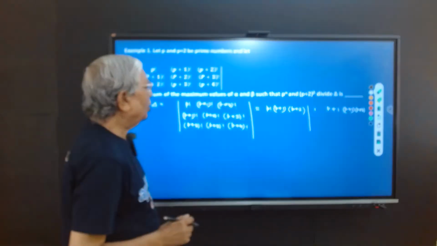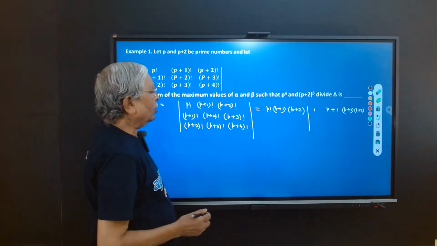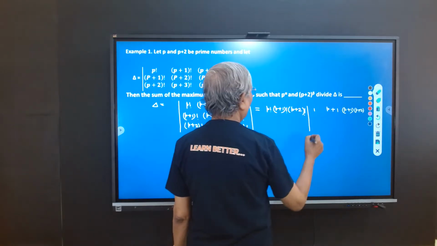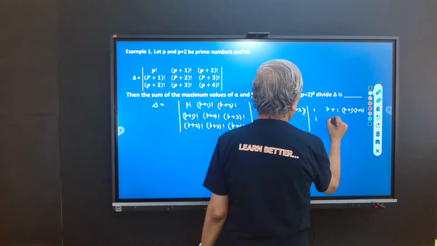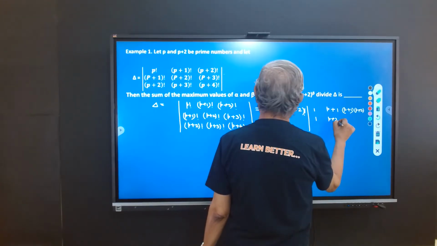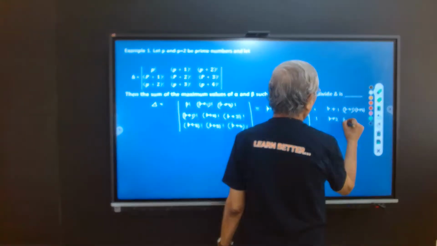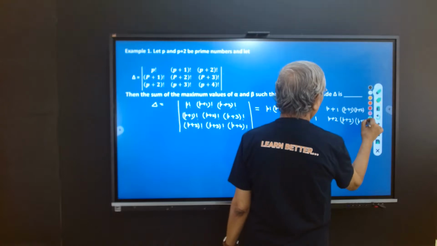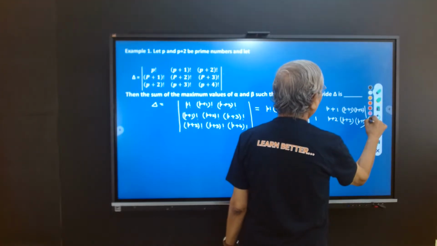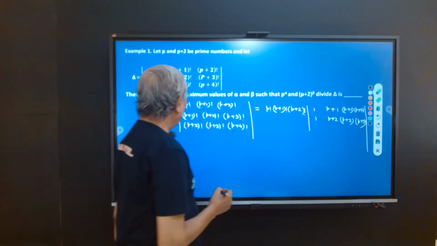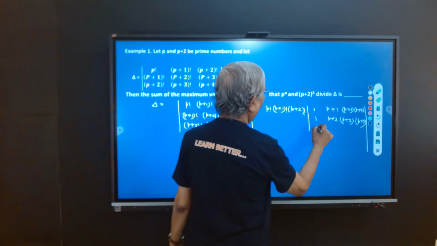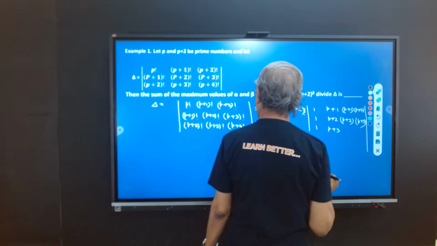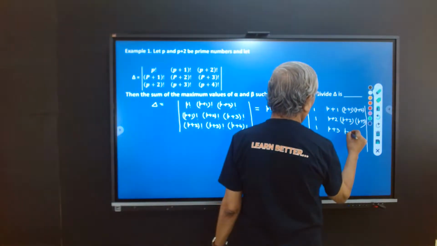For the second row, you have taken common factorial p plus 1, so you can write 1, p plus 2, p plus 2 into p plus 3. Third row: 1, p plus 3, p plus 3 into p plus 4.